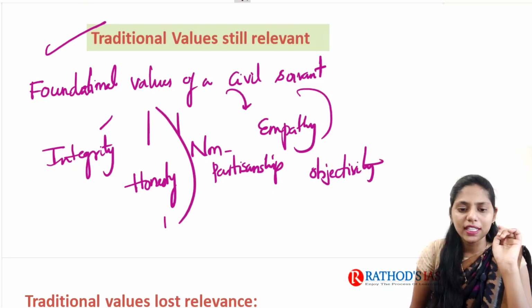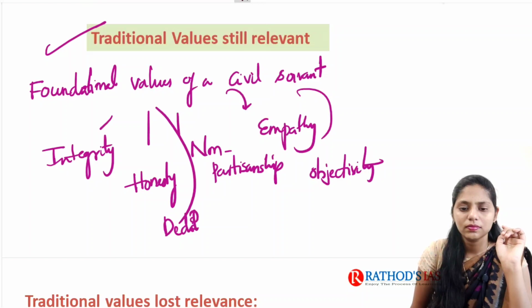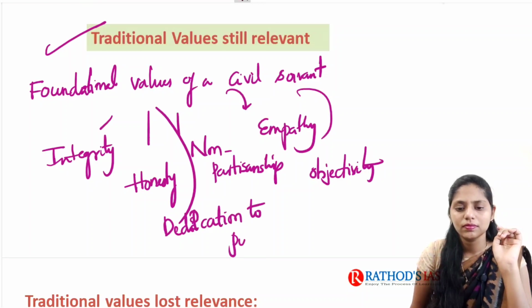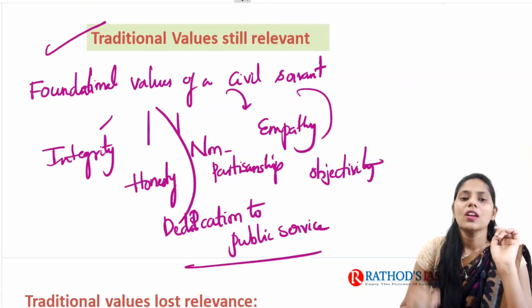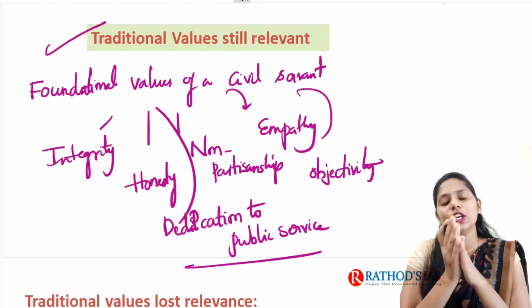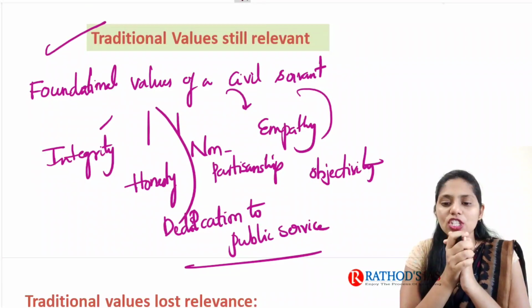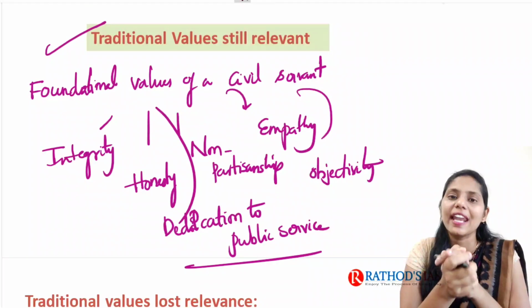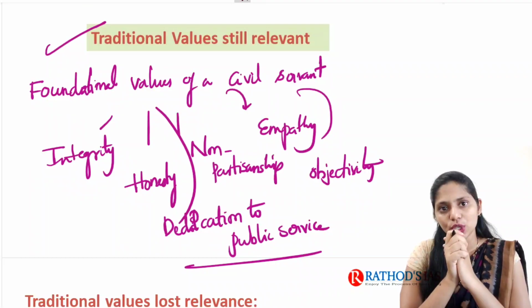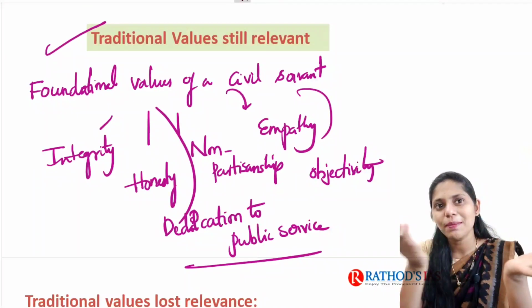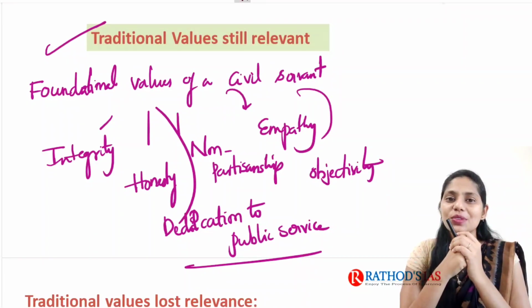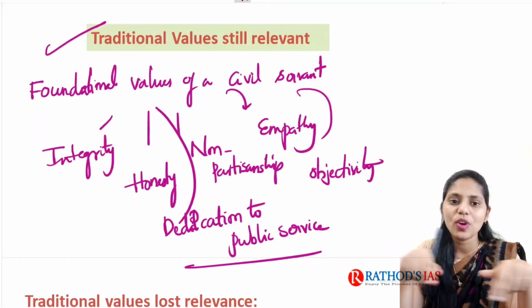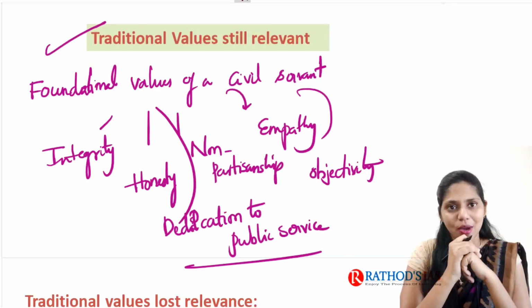Next one is dedication to public service. So values like integrity, honesty, non-partisanship, objectivity, impartiality, empathy, dedication to public service. So these are some important foundational values that a civil servant requires. So these values still have relevance now.